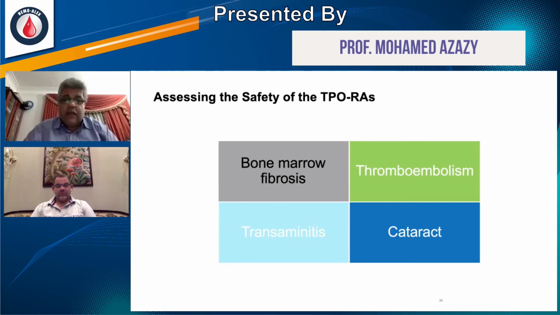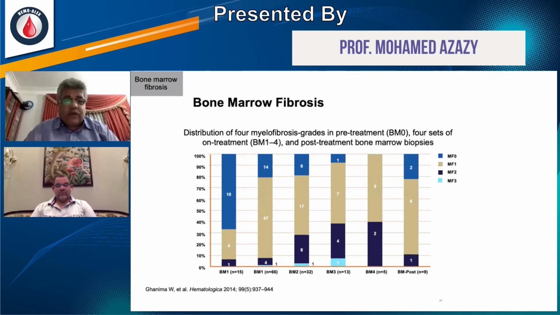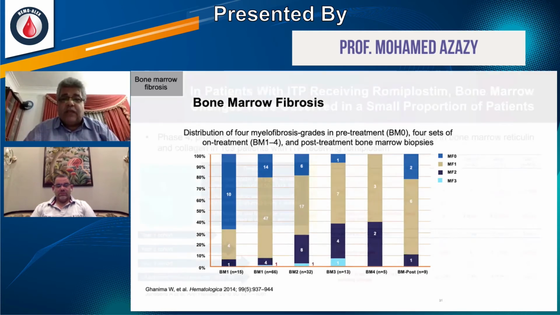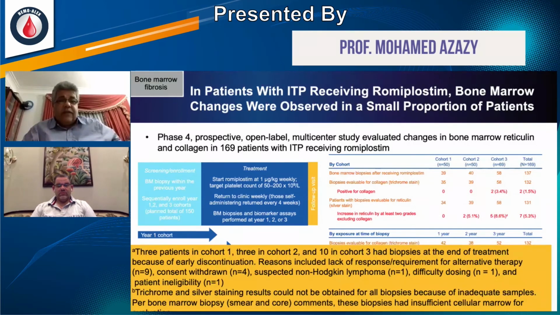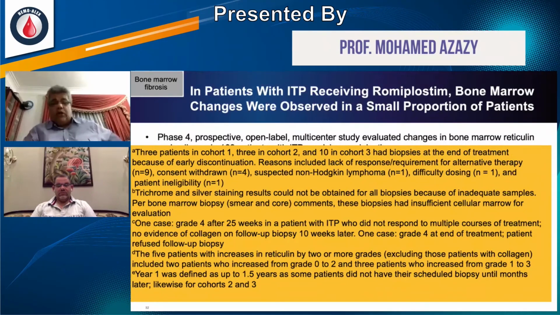What about the safety? There has been some concern about cataract in young age groups, bone marrow fibrosis, thromboembolism, and other causes. This is the bone marrow fibrosis, as you can see by Jamani et al., showing the distribution of 4 myelofibrosis grades in pre-treatment, on-treatment, and post-treatment bone marrow biopsies. In patients with ITP receiving romiplostim, bone marrow changes were observed in a rather small population of the patients, and you can find that 3 patients in cohort 1, 3 in cohort 2, and 10 in cohort 2 were judged by biopsy.